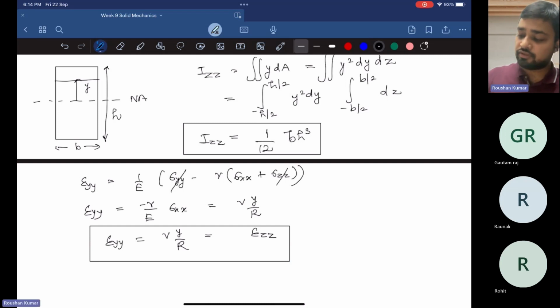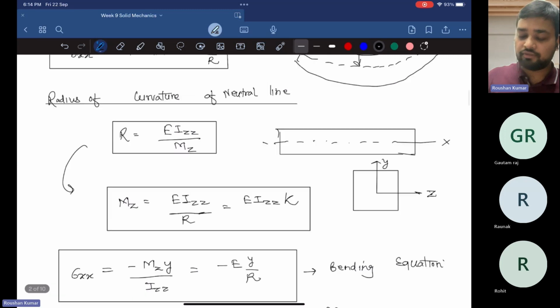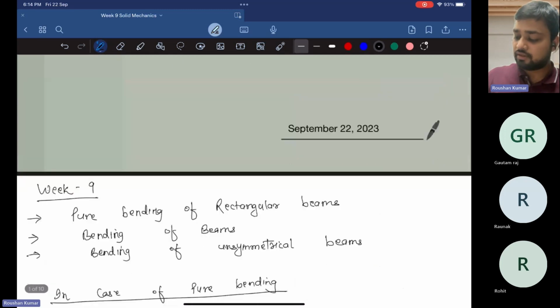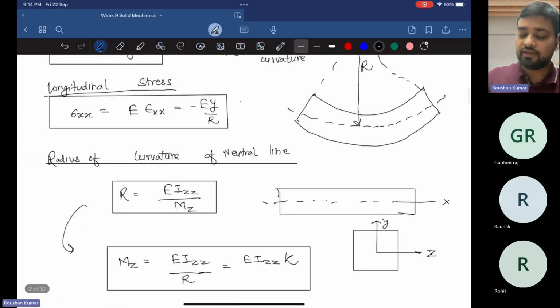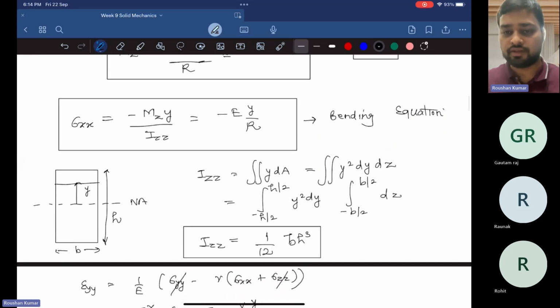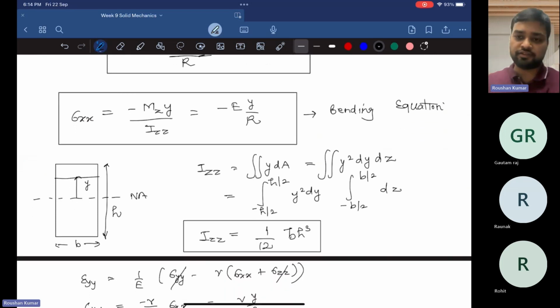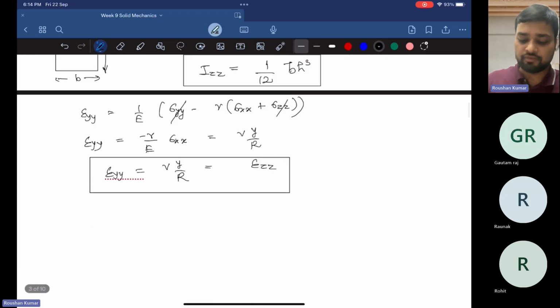All these formulas are based on the pure bending case. In the case of bending when shear stress is also present, or there is a variation in shear stress also, we have the same formulas but in a different form.